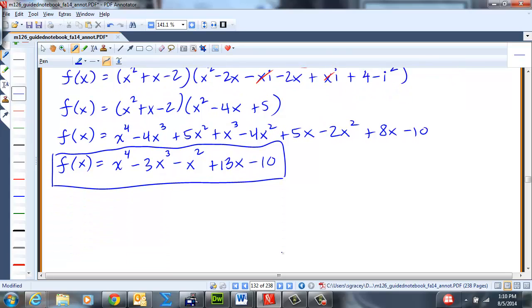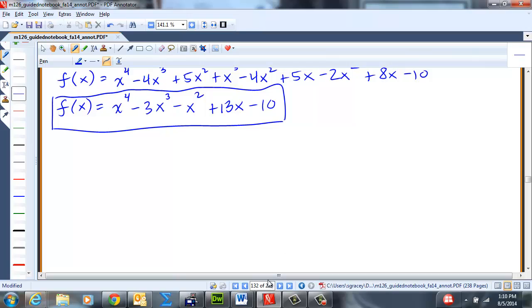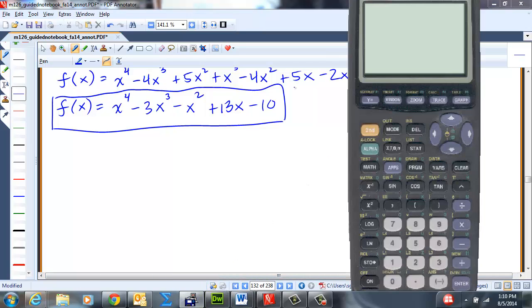So let's go ahead and take a look at the graph on the graphing calculator. So let's see, I think I can edit this one.